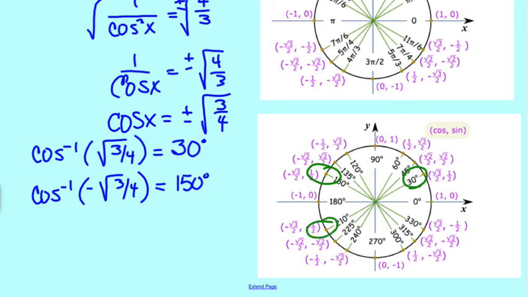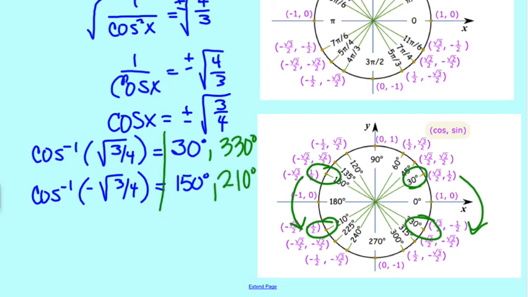Right here and right there. They're the same ordered pairs, right? These two and these two. So we have two more: 330 degrees and 210 degrees. So our four answers for x are 30, 150, 210, and 330 degrees.